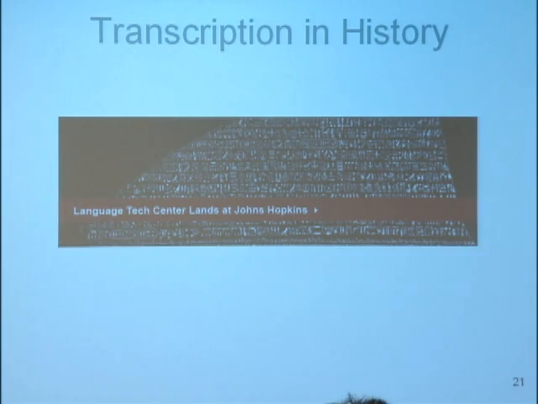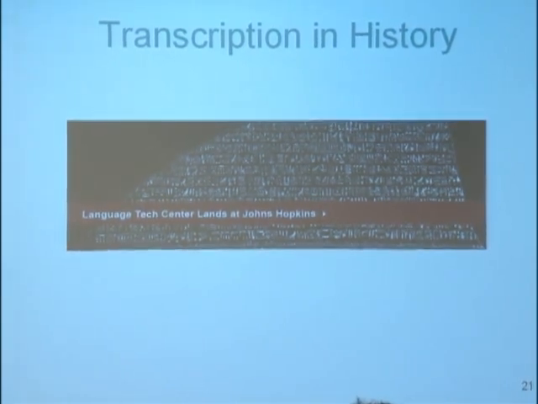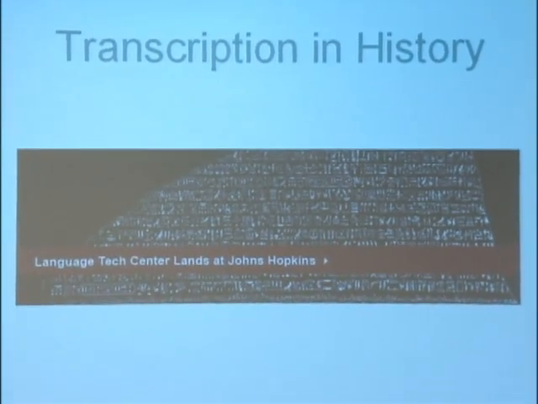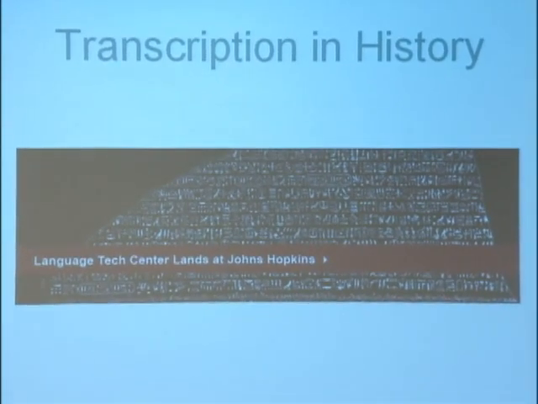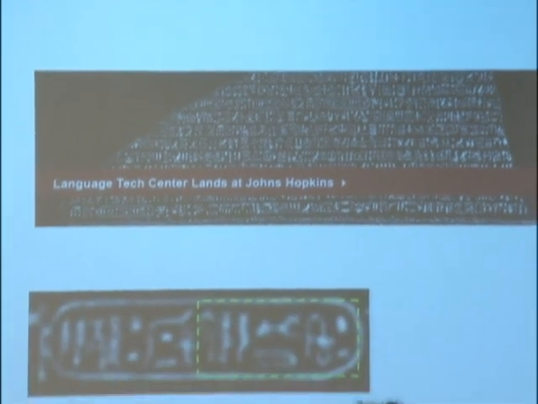So just a quick note here. I don't know why the Language Tech Center decided to use the Rosetta Stone as its emblem, other than the fact that the Rosetta Stone has become kind of emblematic for work on speech and language processing, I guess. But one thing to bear in mind is that this actually has a rather important role in the history of transcription, namely that it was names like this. This is the name Ptolemy.